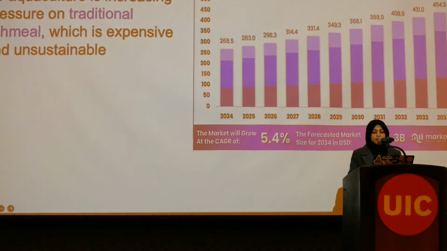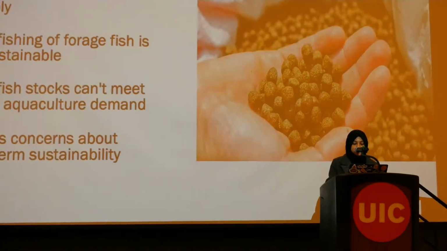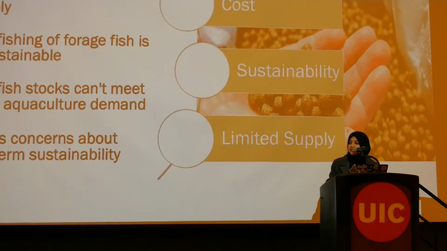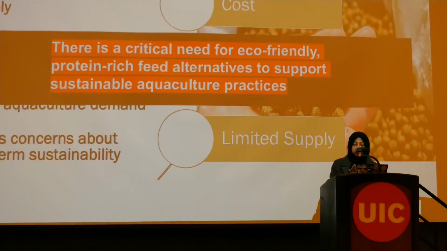So the global demand for aquaculture is rising rapidly as populations grow, and here's the problem. Fish meal is limited in supply and competition. Second, it's not sustainable. Third, wild fish is unsustainable and heavily dependent on fish meal.